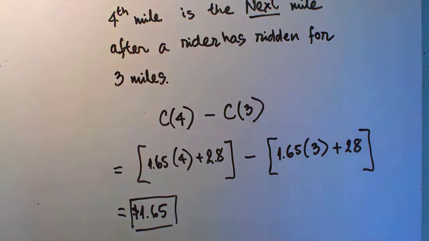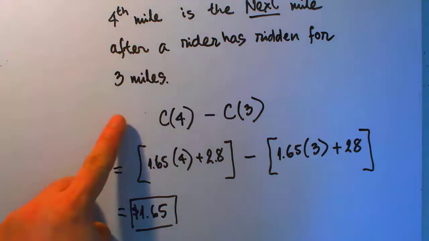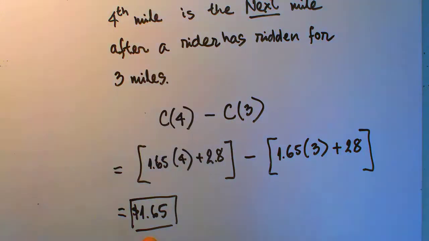And so this is how much additional cost being paid extra if after traveling for 3 miles you will travel 1 more mile. So the cost being brought in for traveling the next mile after riding 3 miles is going to be $1.65.